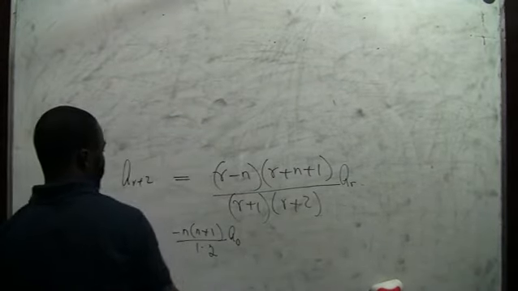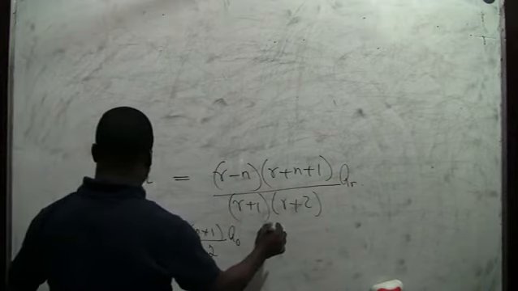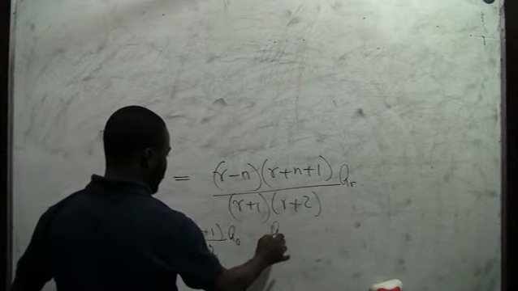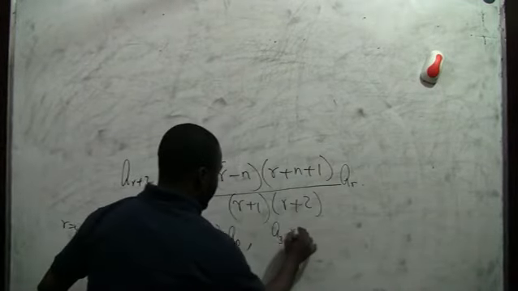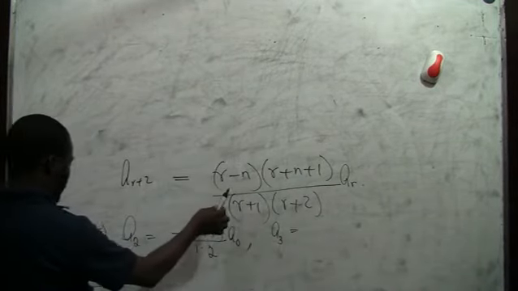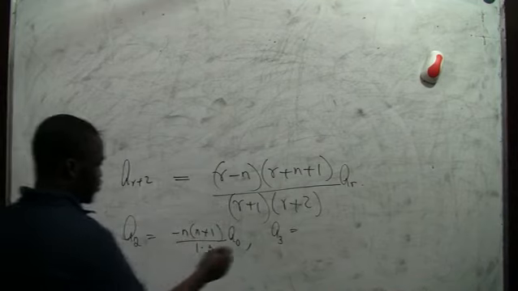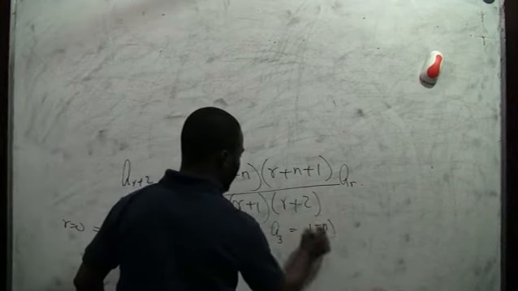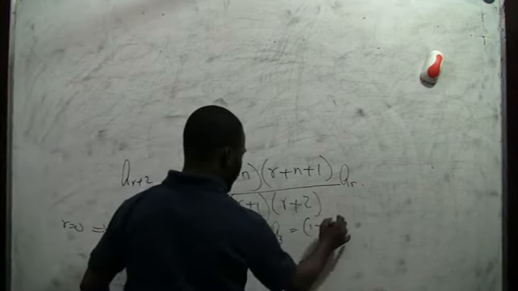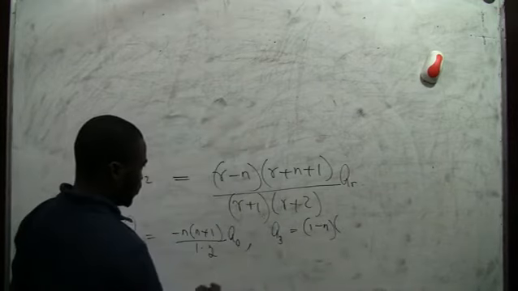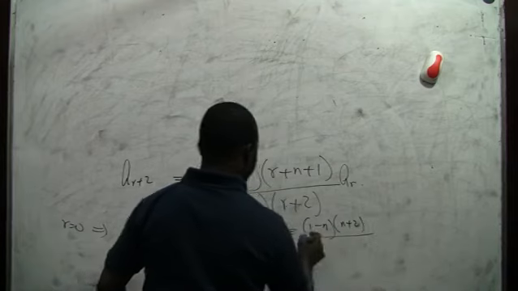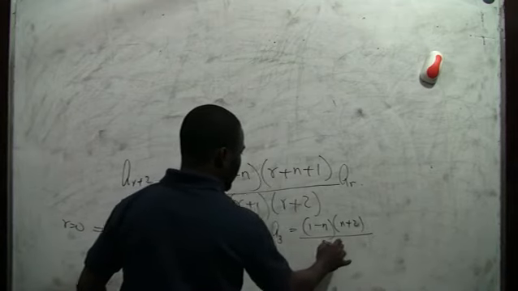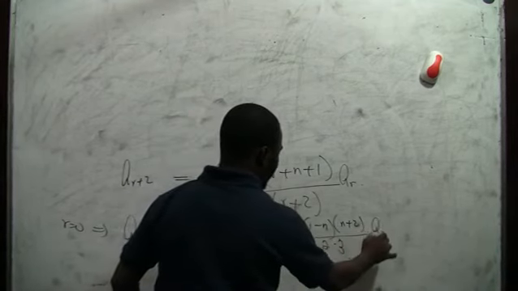Let's take a3 for instance. a3 becomes, substitute 1 for r. We're going to have 1 minus n into n plus 2 divided by 2 multiplied by 3 a1.